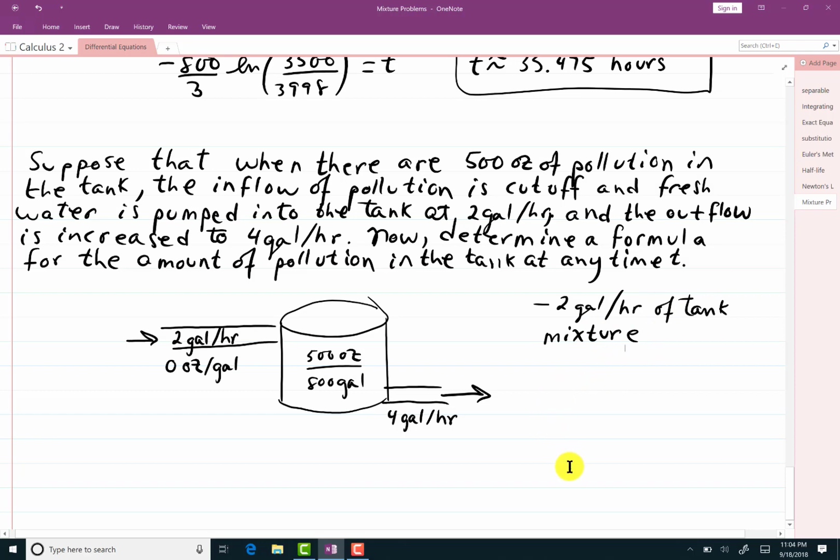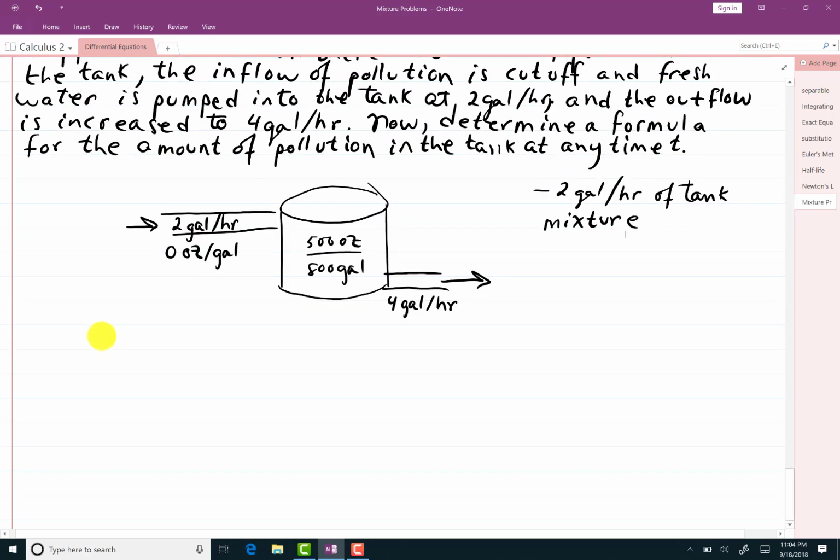So let's go ahead and take a look at our differential equations. I'm going to do the same thing I did before. dA over dt. And we'll do the same thing. 2 gallons per hour times 0 ounces per gallon. I know it's silly to do this piece. But minus, now we're doing 4 gallons per hour times, now what's going on here?